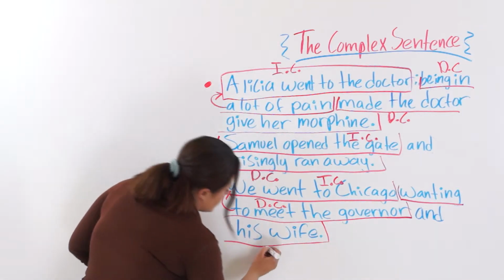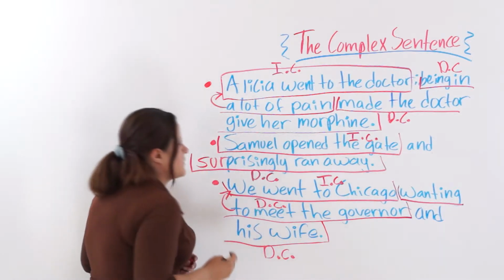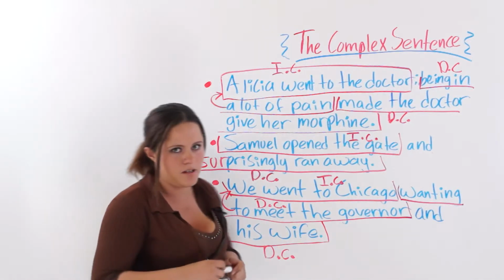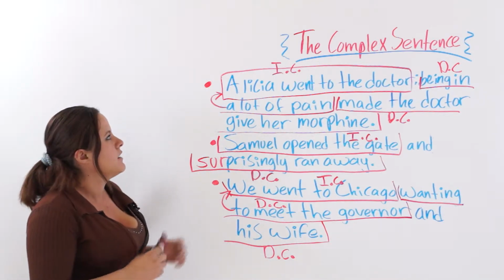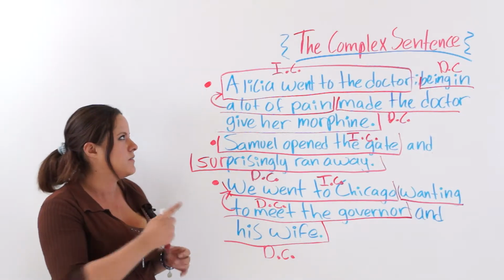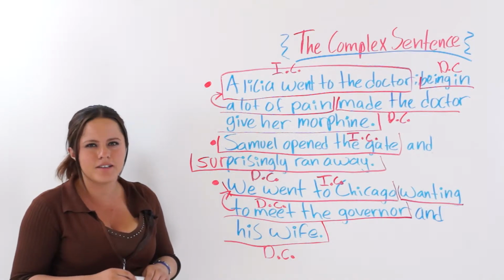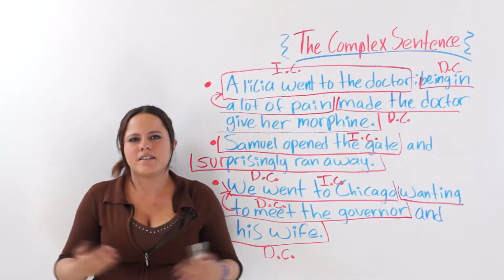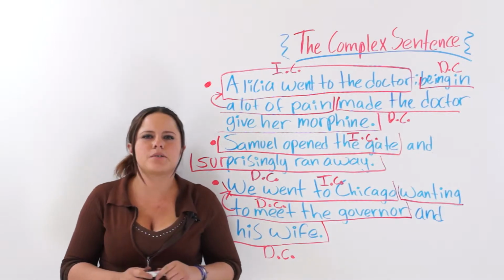This would be our second dependent clause. All right, I hope this is understandable. Let me repeat it once more. The complex sentence should have one single independent clause and one or more dependent clauses. All right? Next, I am going to move on to some practice sentences so that you can interact with me.